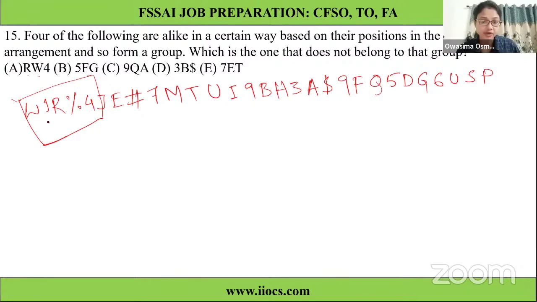In this, RW4 and 5FG are present. We are considering this 5FG. Next 9QA. So this is another group, 9QA. Next 3B$.